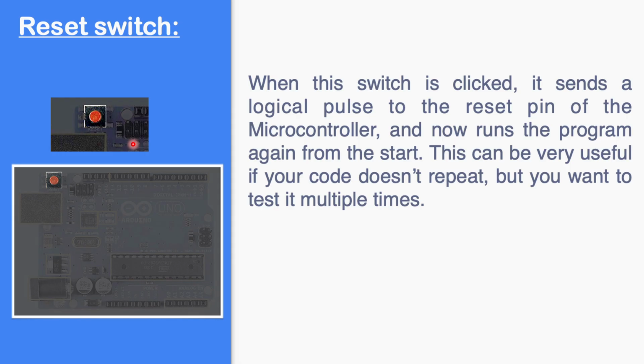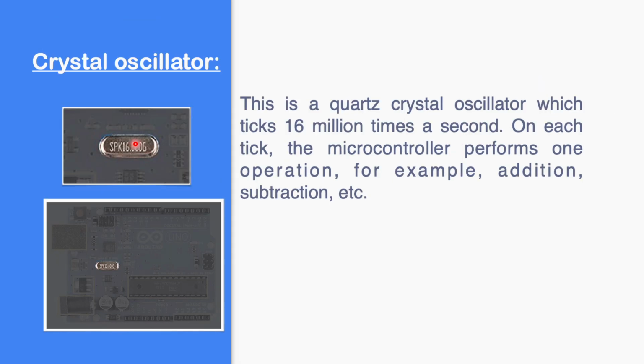And this oscillator is a 16 megahertz oscillator. This basically generates the timing inside the microcontroller, 16 million times a second because it is 16 megahertz. And on each tick, the microcontroller performs some operation.